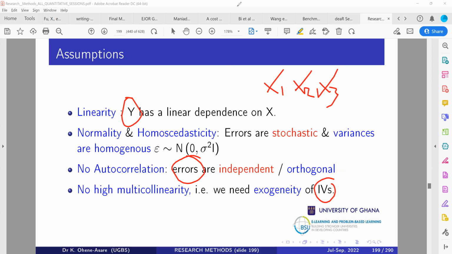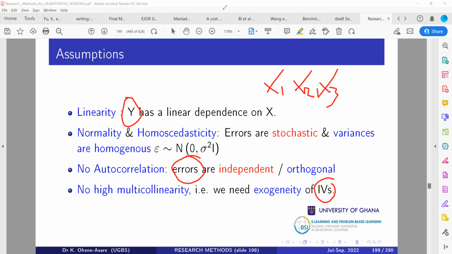But the main difference is that autocorrelation deals with errors, whilst multicollinearity deals with independent variables. Whilst multicollinearity deals with independent variables, autocorrelation deals with errors. So take note of that.